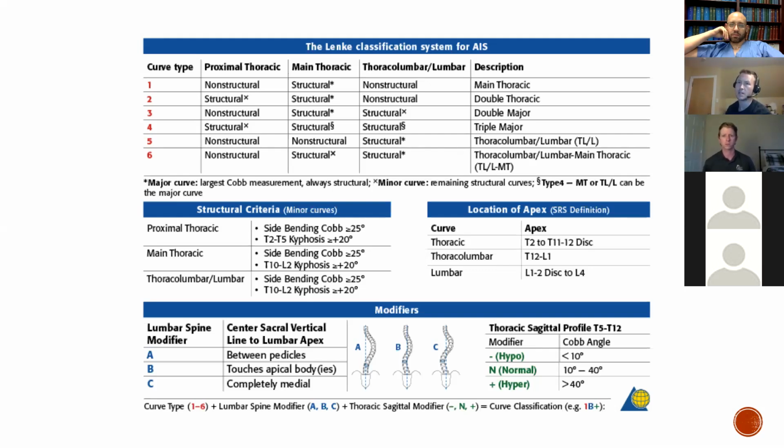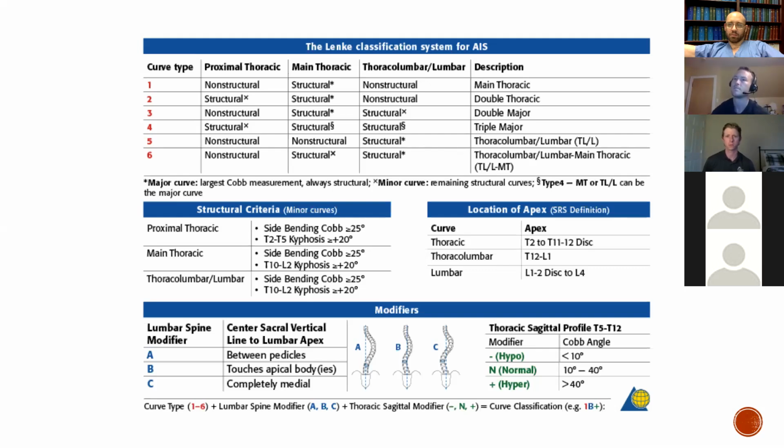A left-sided thoracic curve is very atypical. It's very unusual, and you should consider an MRI. It is, however, typical to have a left-sided lumbar curve, because that is typically the compensatory curve of a typical right-sided thoracic curve.